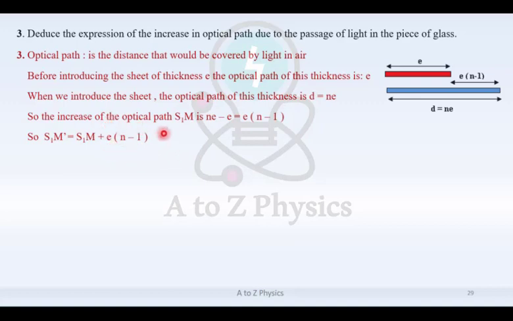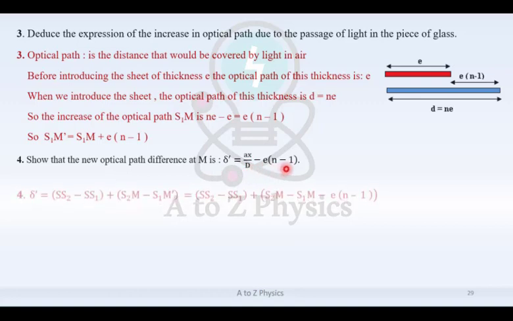the optical path difference. 4. Show that the new optical path difference at M is delta prime equals a x over D minus e times (n minus 1).